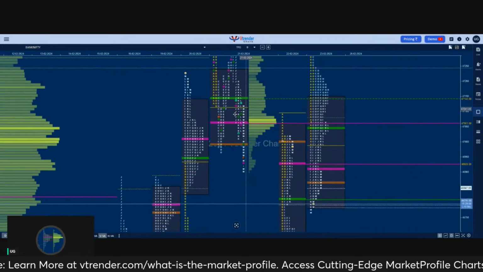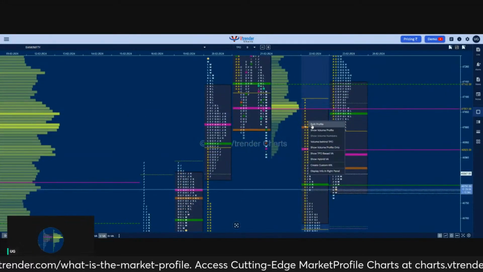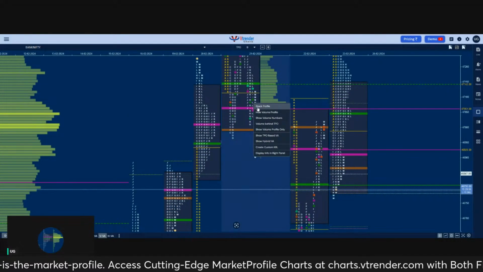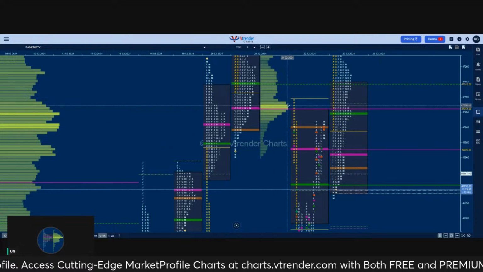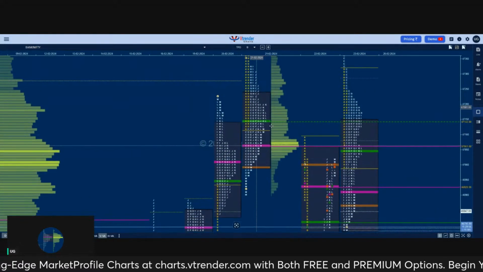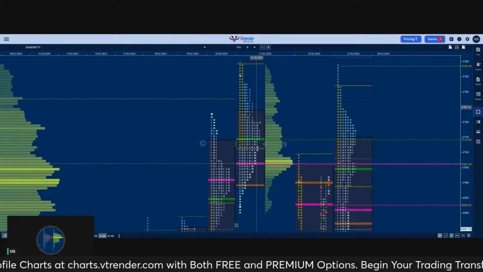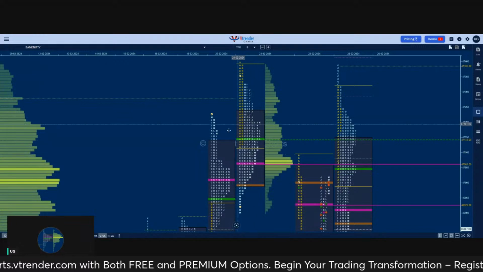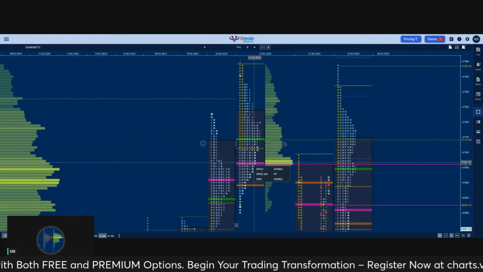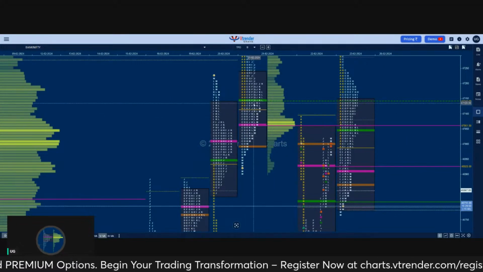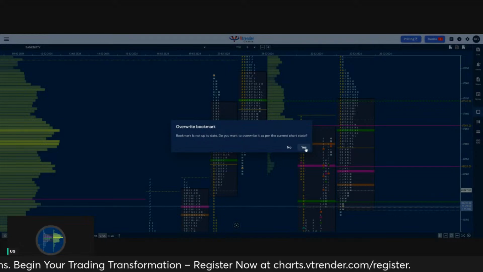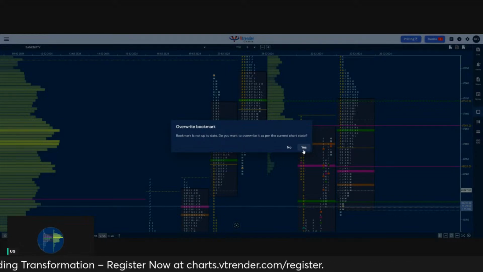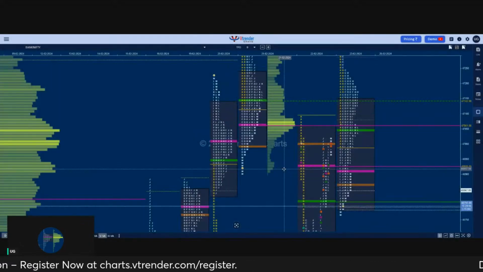But what happened on the 22nd was, as we did not see any demand coming at the higher levels, and we formed overlapping to higher value, at the close we had a small spike at lows.